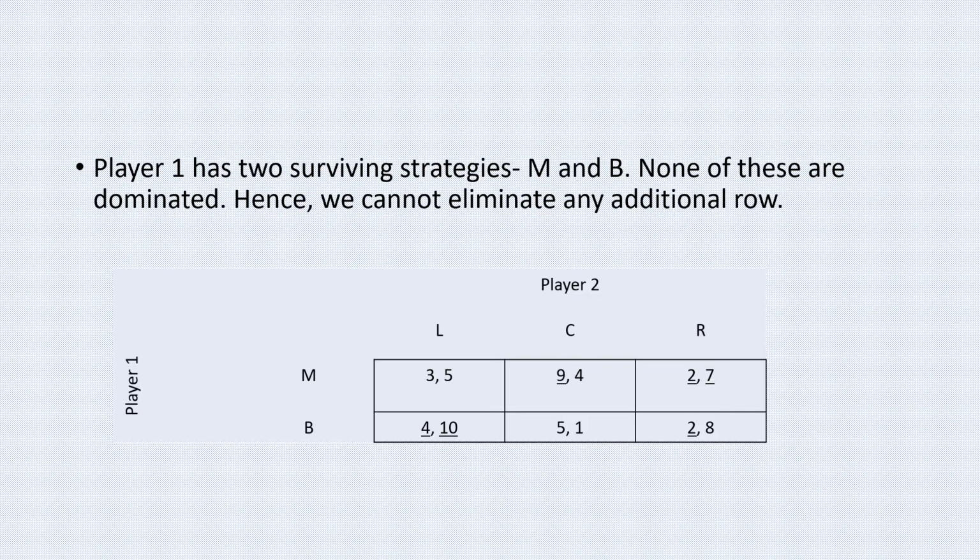Hence neither M nor B is a dominated strategy, and we cannot eliminate either of these rows.